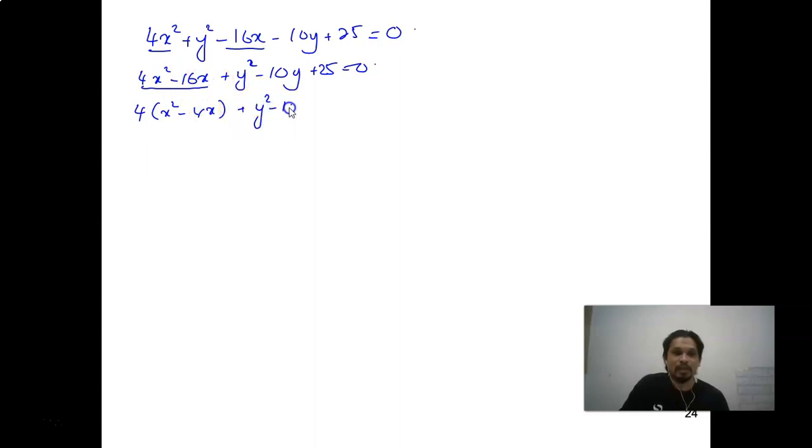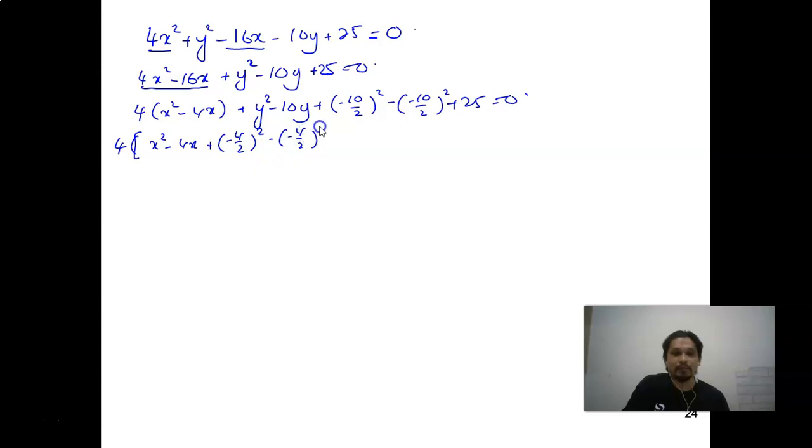Plus y squared minus 10y plus (negative 10 over 2) squared minus (negative 10 over 2) squared plus 25 equals 0. We may surely come up with the process of completing the square for y because the coefficient of y squared is already 1, but not for x. So x squared minus 4x plus (negative 4 over 2) squared minus (negative 4 over 2) squared.